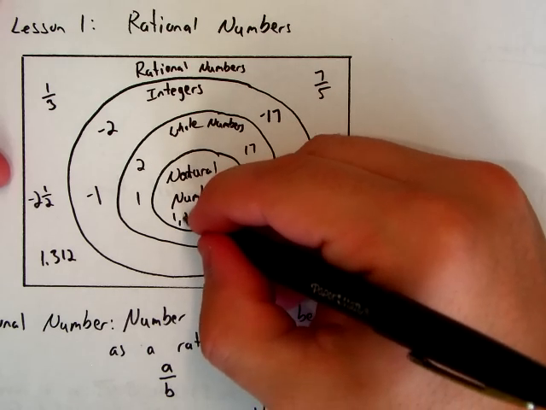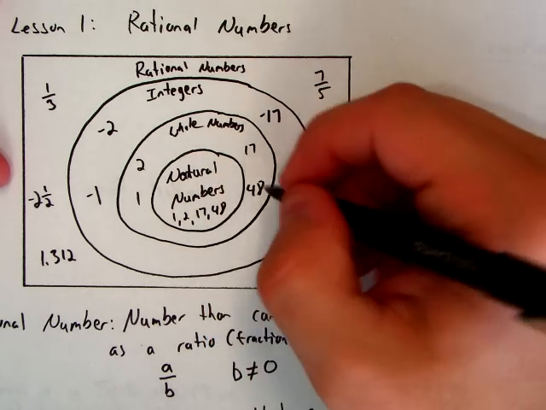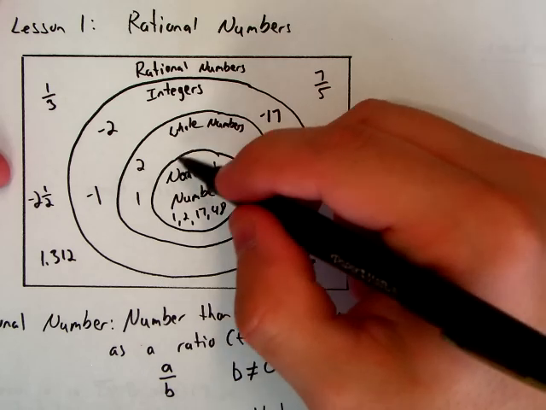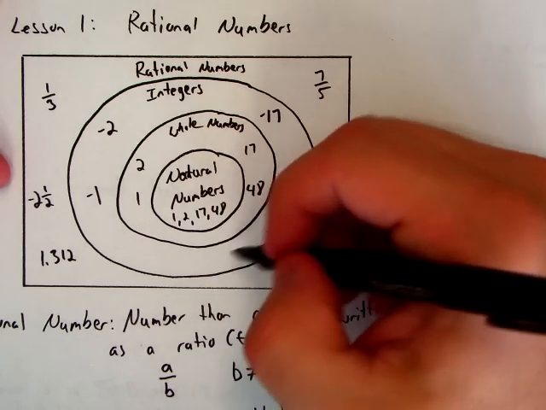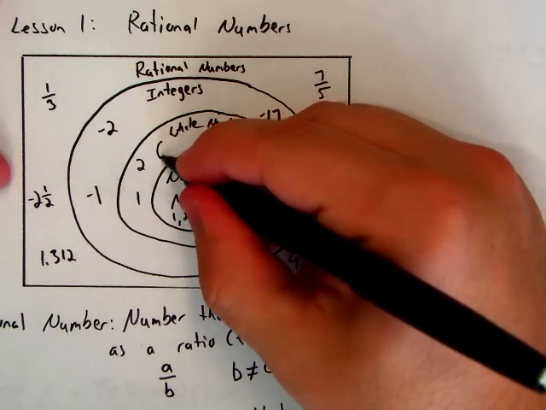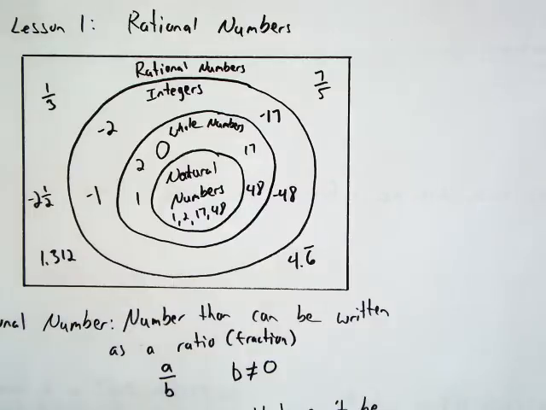These also can be 1, 2, 17, 48. The only number that doesn't fit into here, that does fit into the whole numbers, is 0. 0 is a whole number. It's not a natural number.